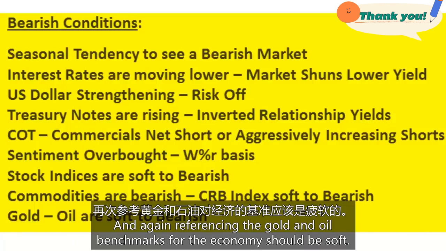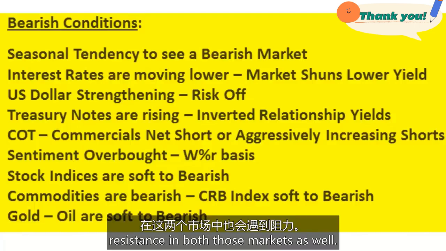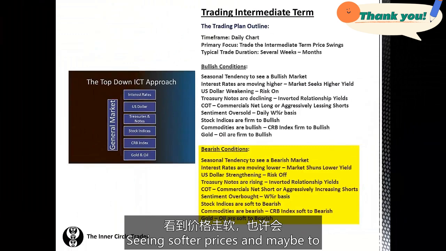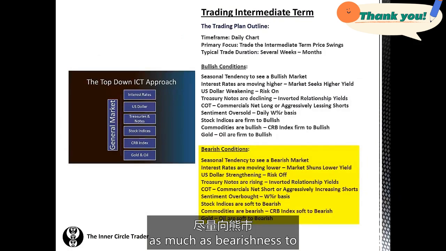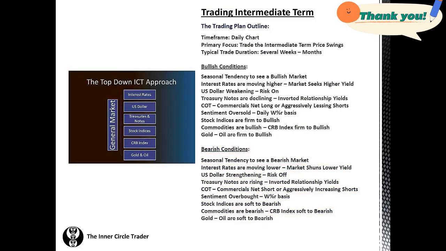And again, the gold and oil benchmarks for the economy should be soft, maybe at resistance in both those markets as well, seeing softer prices and maybe even bearishness to facilitate further confidence in a bearish market condition.